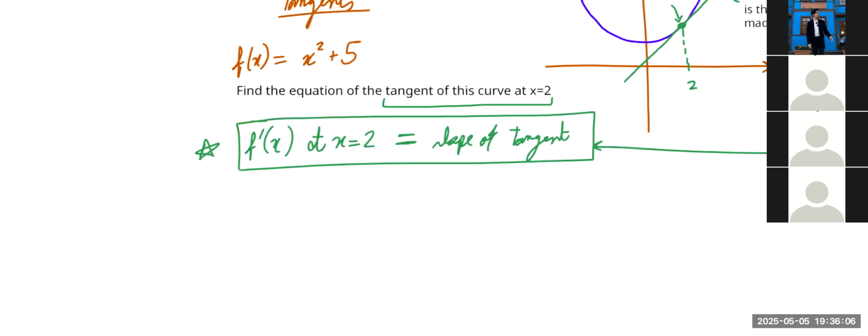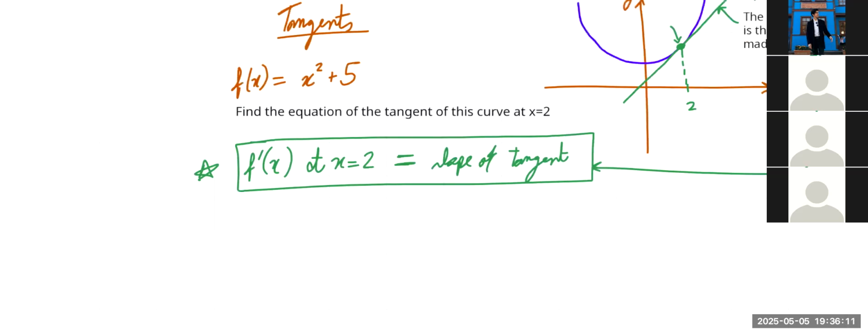Now, how do we calculate the slope of the tangent? We can calculate exactly what I wrote down. You can calculate the slope of the tangent by finding the derivative of the curve at x equals 2. We can find the derivative of the curve very easily by just using the power rule. x squared will become 2x. 5 is a constant, so it goes away. As I said earlier, constant terms vanish when you differentiate. Okay?